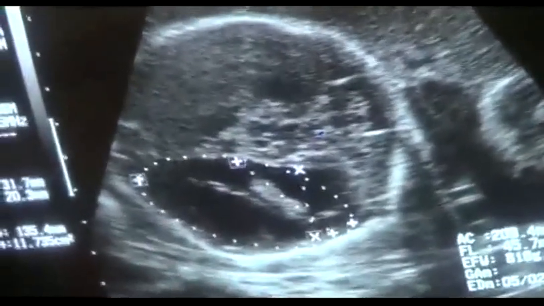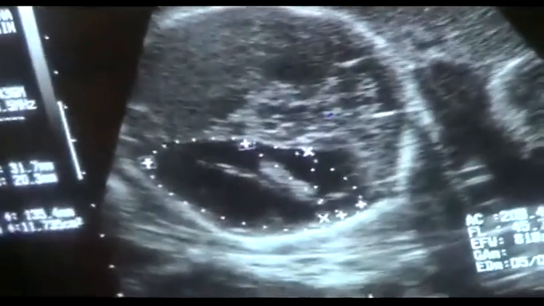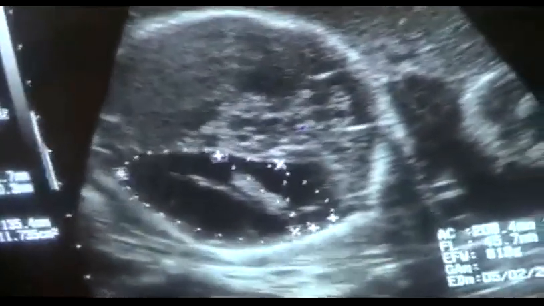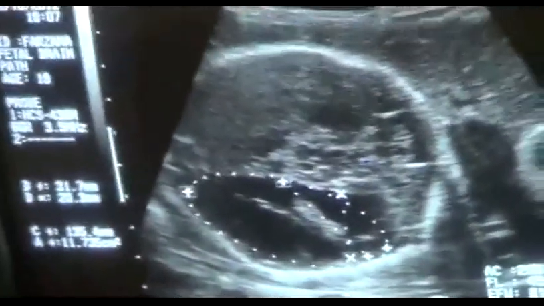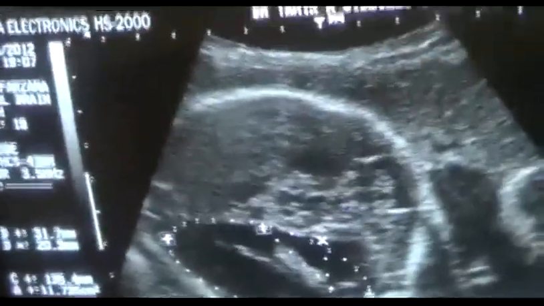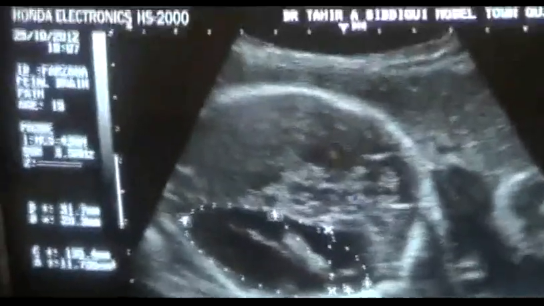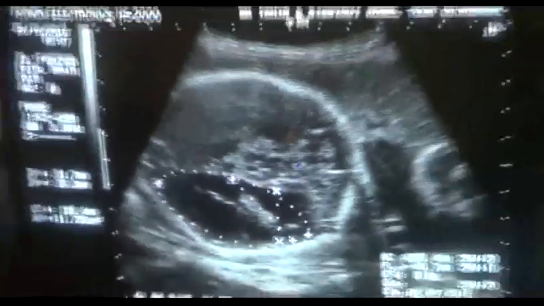And above that we saw polyhydramnios and a very active fetus. We did see meconium, which is suggestive of fetal distress in this case.